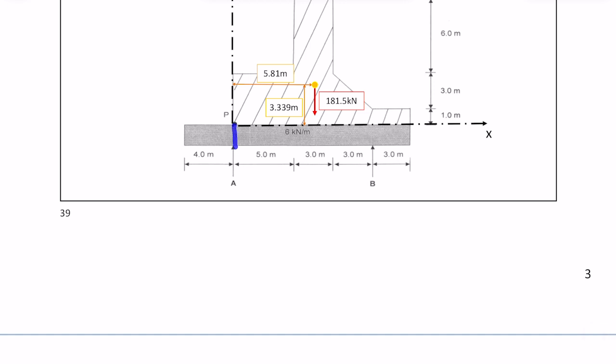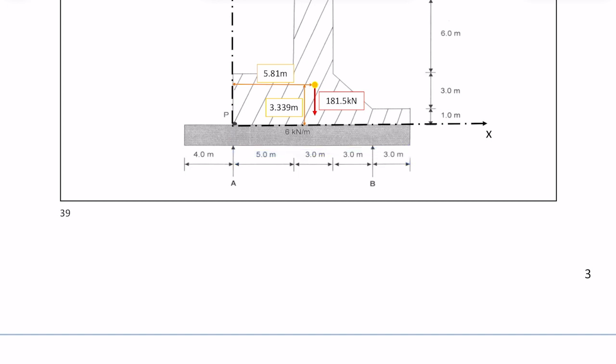Next, we have another side of the beam at the right, which is this one is clockwise. 6 kilonewton per meter times the length of the beam. Kira sampai hujung, because ini semua positif, plus because of the clockwise.